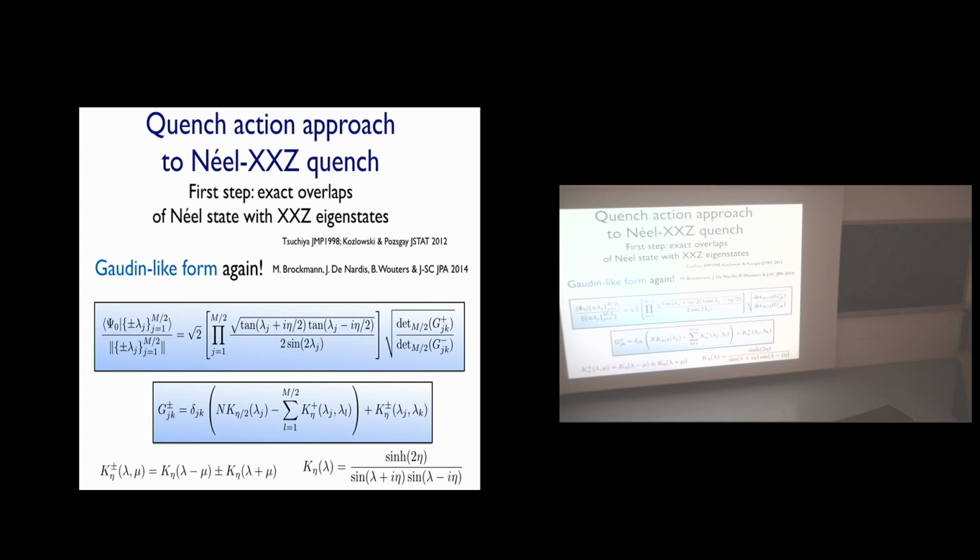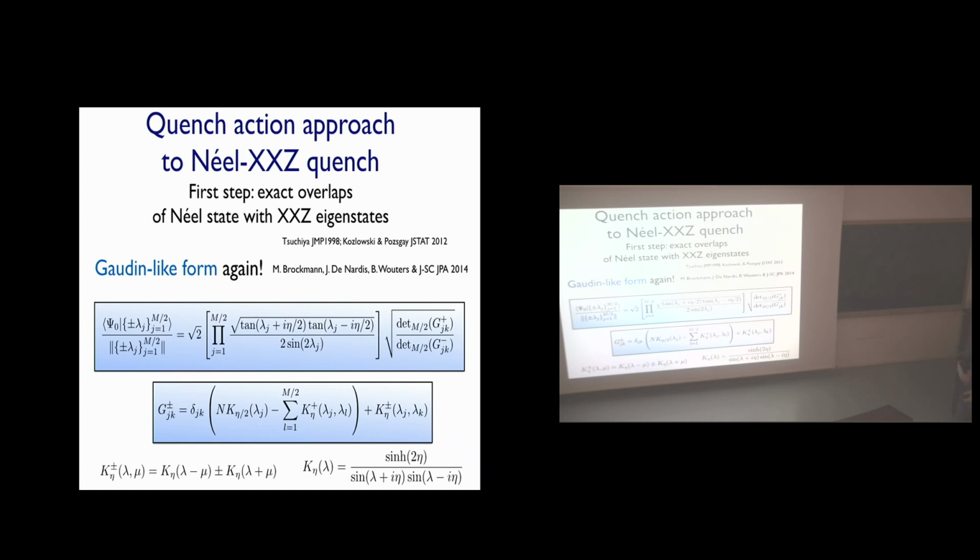Okay, so if you just take this part of the kernel here and you write precisely the same matrix, this is the so-called Gaudin matrix, which gives you the norm of a Bethe state. It's called the Gaudin matrix because Gaudin was the first one to write that in his thesis in 1967.